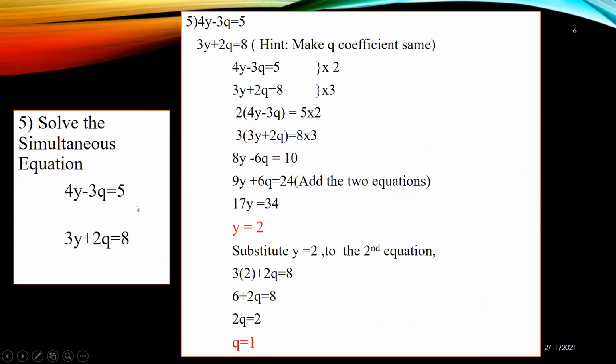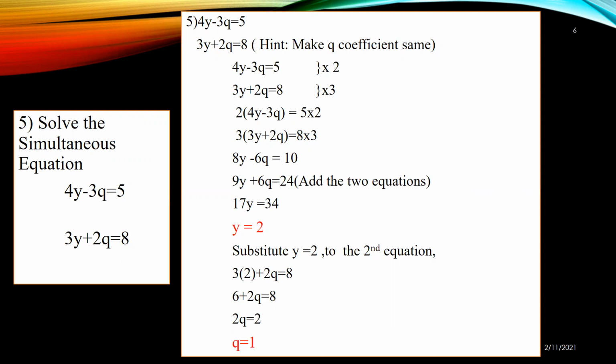The fifth question, solve the simultaneous equations. Now we know when you get simultaneous equations, you will get two unknown terms. So the first thing is you have to identify which term you're going to cancel first. My two equations are 4y minus 3q equals 5, and 3y plus 2q equals 8.